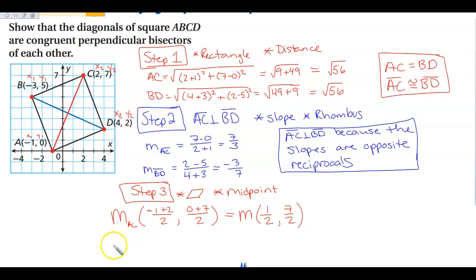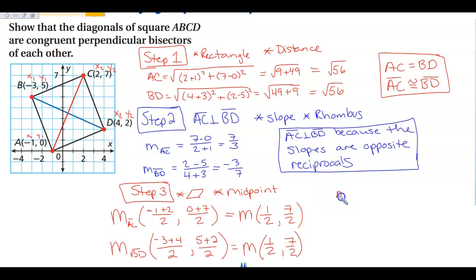Okay, now we're going to do the midpoint of BD, and again, I want them to be the same. So I'm going to add my x's, so negative 3 plus 4 divided by 2, and then add my y's, which is 5 plus 2 divided by 2. Negative 3 plus 4 is 1, so the x value is 1/2. 5 plus 2 is 7, so we have 7/2 here.